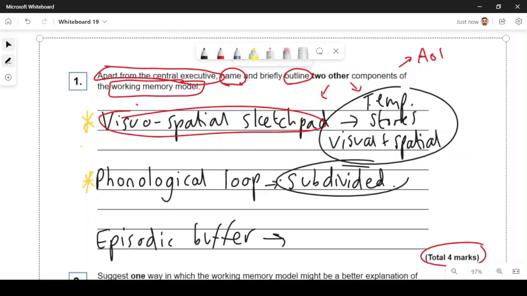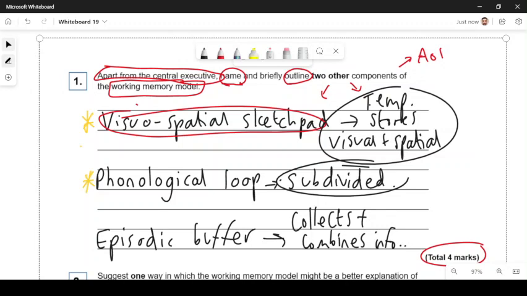If you did choose to talk about the episodic buffer, you would say something along the lines of the fact it collects and combines information from the other components and then transfers that memory into the long-term memory.